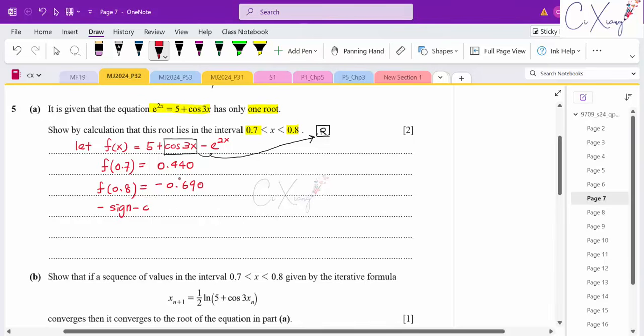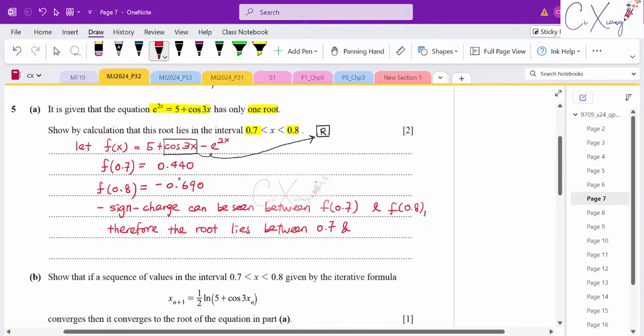You can write it this way: sign change can be seen between these two values, so therefore the root is between 0.7 and 0.8.